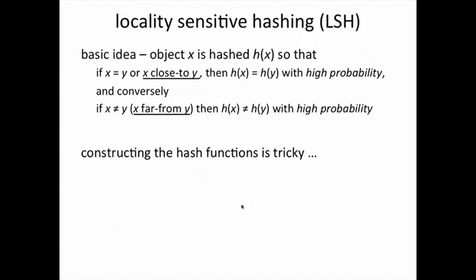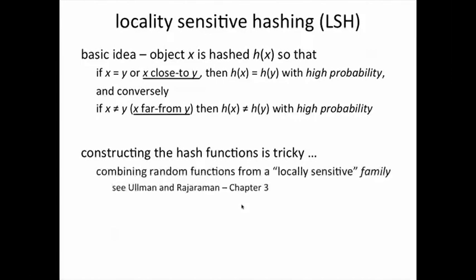And here we have to do interesting things like take random functions from a locality-sensitive family and combine them in particular ways. Rajaraman's chapter 3 describes this process fairly well and in considerable detail.